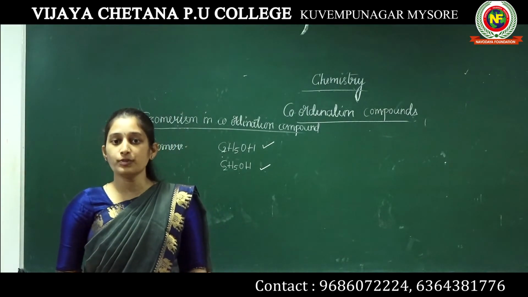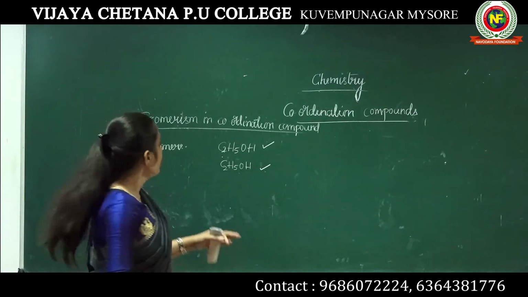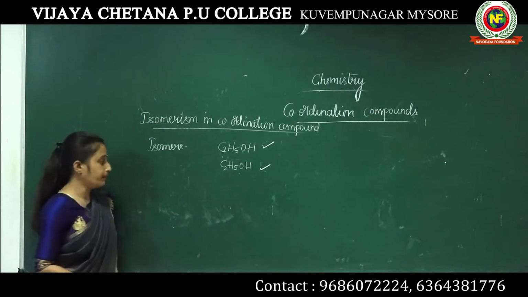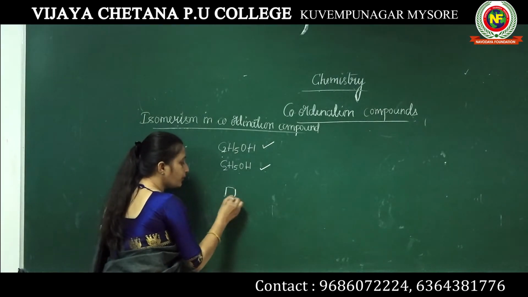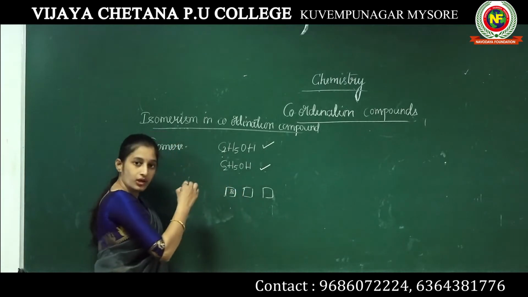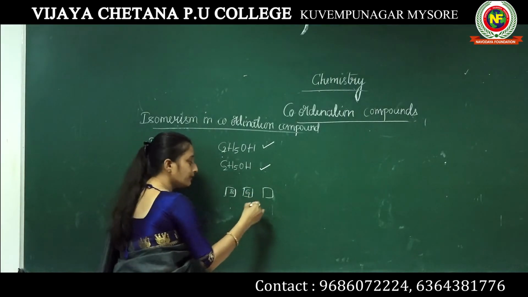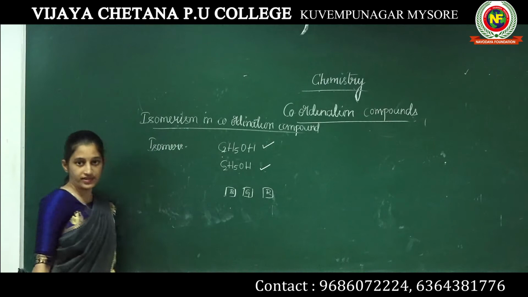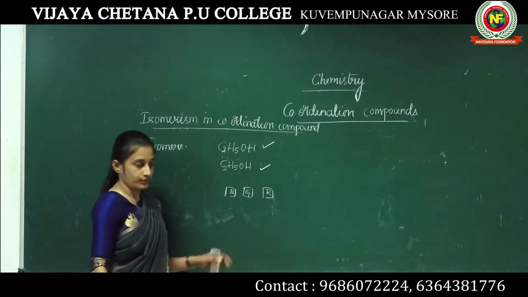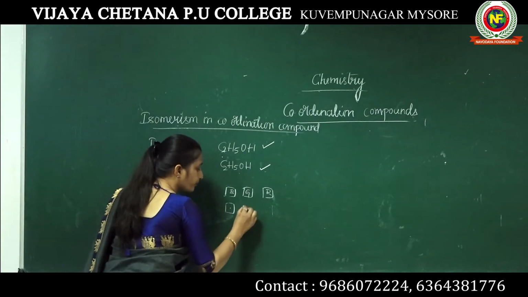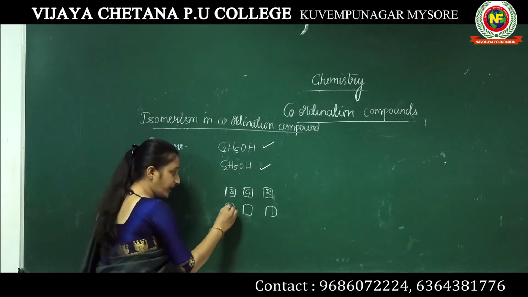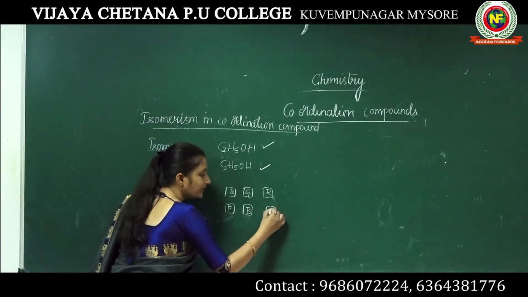Different spatial arrangements of atoms means I can rearrange this. I will give one general example. For example, here 3 boxes are there. This one is a blue box, this one is a green box and this one is a red box. How many boxes are there? 3 boxes only. Now I am going to shuffle this. First red, blue, green.